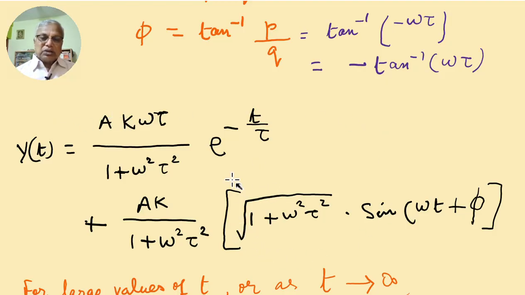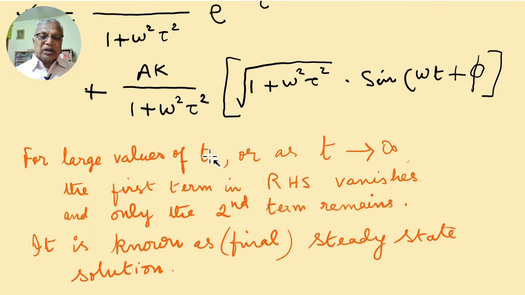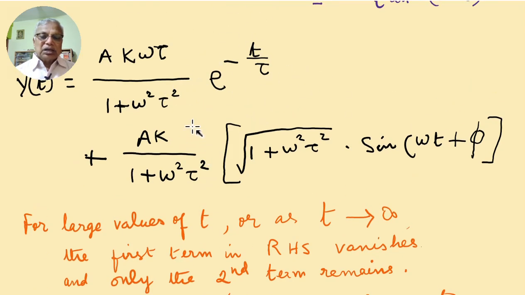Now there are two terms, first term and second term. What happens for large values of t, as t tends to infinity, maybe t equal to 4 tau or 5 tau or 6 tau? Even if you consider t equal to 5 tau, you will find this exponentially decaying term becomes almost 0. So for large values of t, the first term in the RHS vanishes, and only the second term exists.